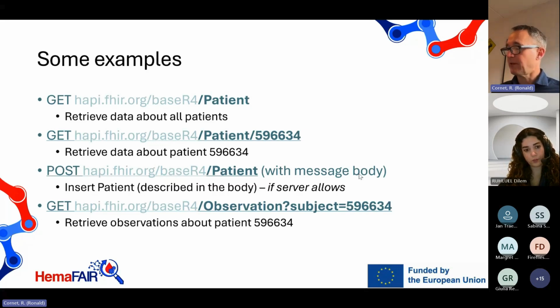I just present the type of resource that I'm interested in, the patient resource, and I get basic information about all patients, likely in batches of 100. If I know a patient ID, I can retrieve that information. I can actually also search for patients, but I have not included an example, I realize now.